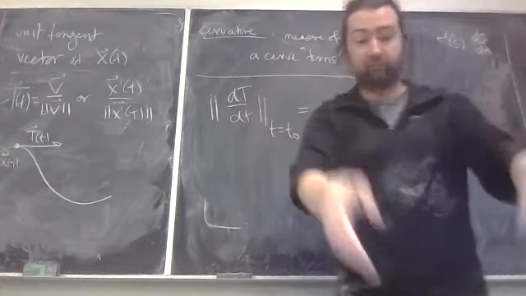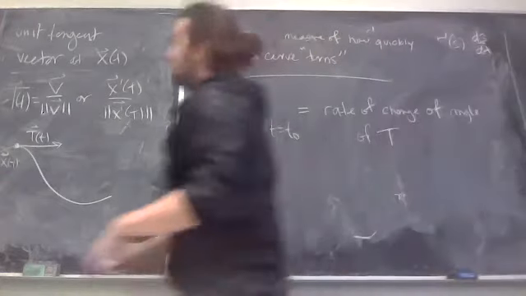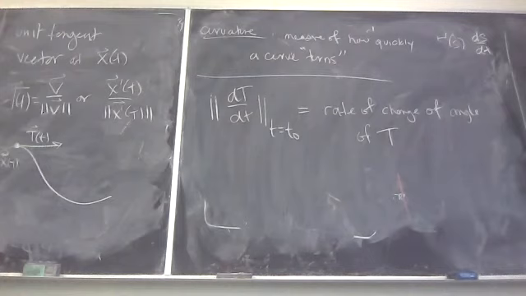Here's a really good way of thinking about it. I'm on some curve and I compute the tangent vector right here. What you're actually doing is something like, if you continued on a circle that was on this path, what would it look like you were doing right here? This is what you're measuring: how quickly this angle looks like it's changing.